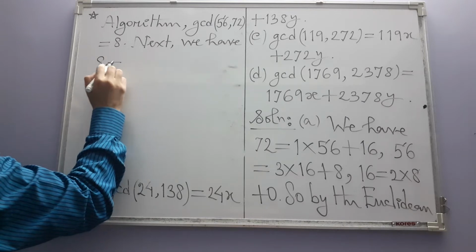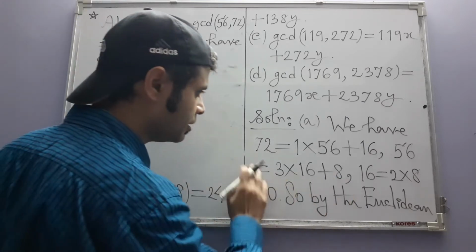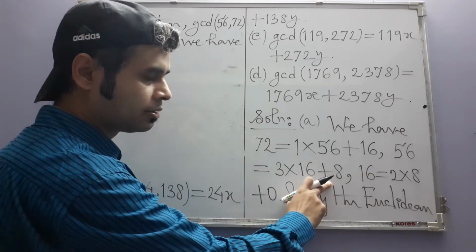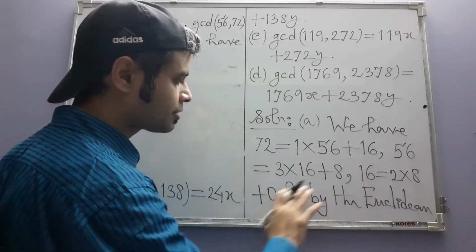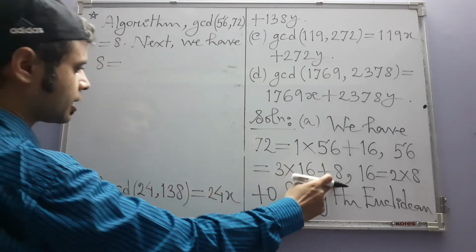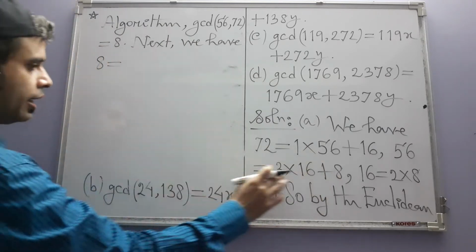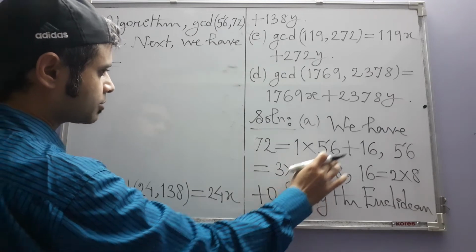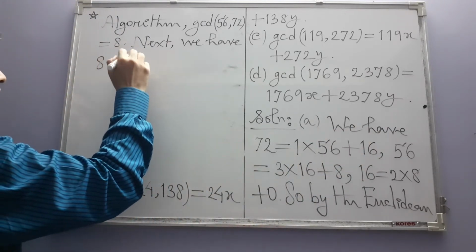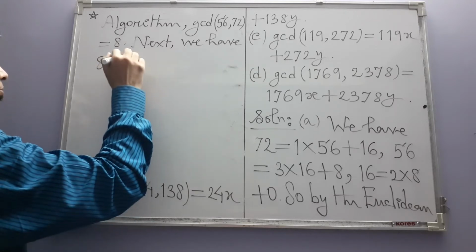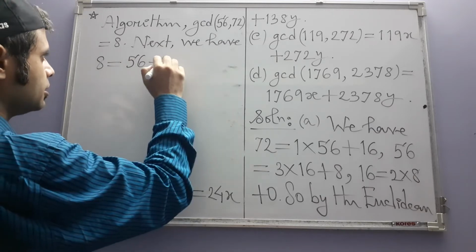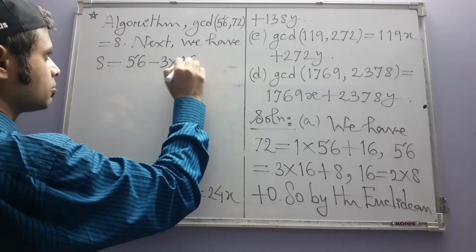We have to use these calculations in the reverse order, starting with the penultimate one, not the last one of course, because it has 0 remainder, that is useless, starting from here. So 8 can be expressed in terms of 56 and 16 in this way. 8 equals 56 minus 3 times 16.